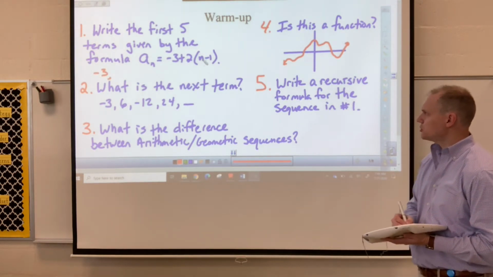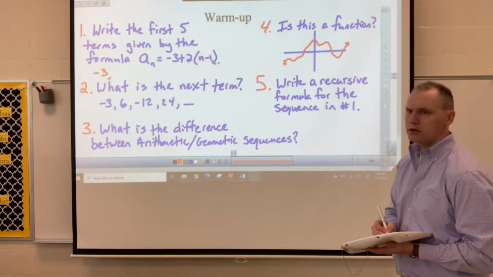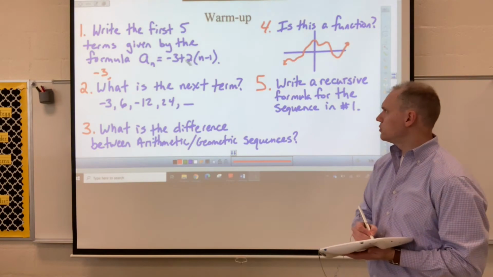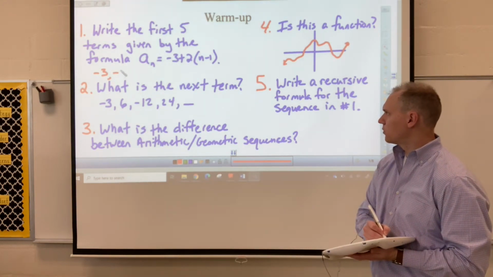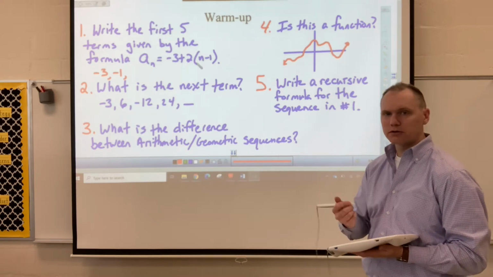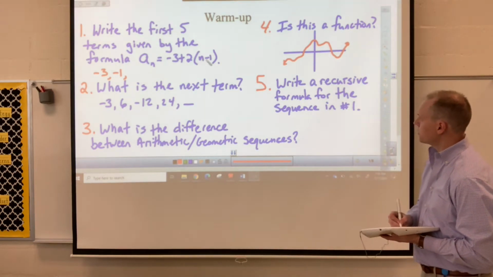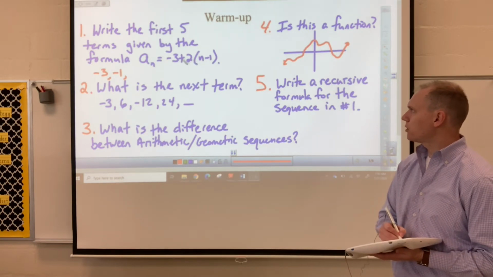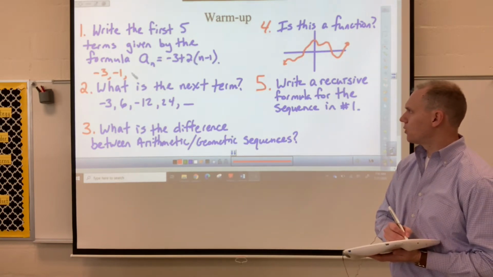All right, you can insert 2 here. 2 minus 1 is 1. 1 times 2 is 2. And then 2 plus a negative 3 is a negative 1. All right, if we insert 3 to get the third term, we're going to have 3 minus 1 is 2. 2 times 2 is 4. 4 plus a negative 3 is a 1.